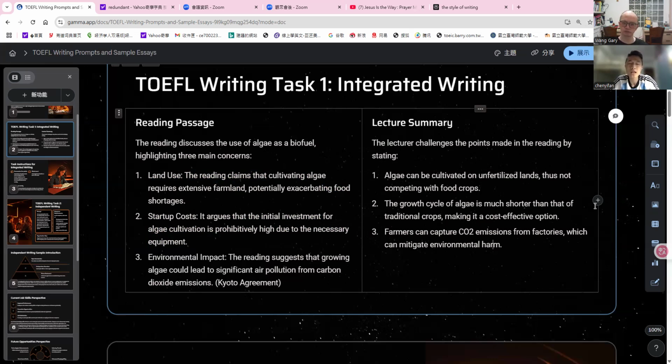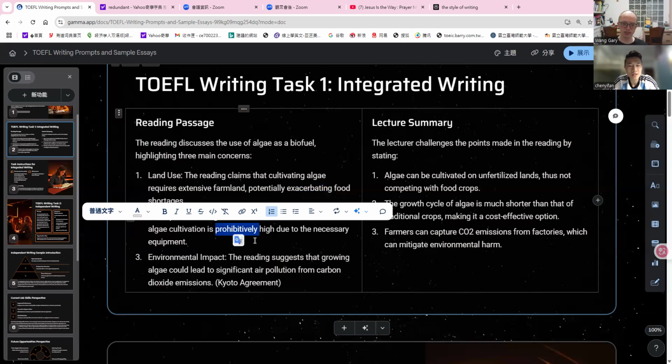So what did you learn from this page? I think this page helps you a lot. You can learn a lot of things from this page. The note-taking skill. Yes, and there are some TOEFL IELTS writing words here, like exacerbating, prohibitively.